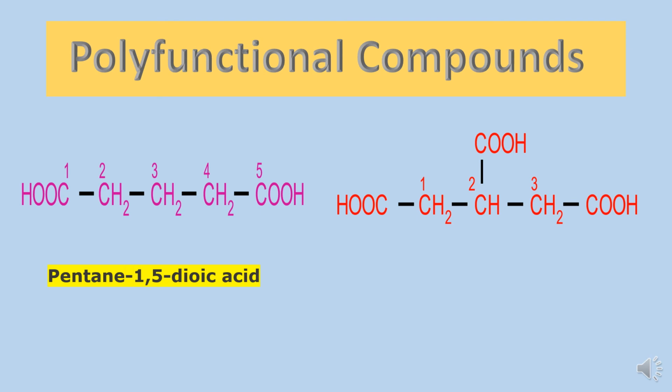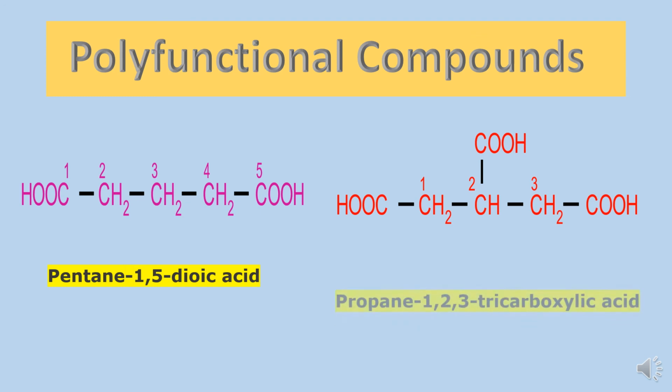So in such cases, according to IUPAC, we need not include any of these carboxylic acid groups in the parent chain, and we'll give the parent name with the leftover chain without including these groups, and the suffix used will be carboxylic acid in place of oic acid.